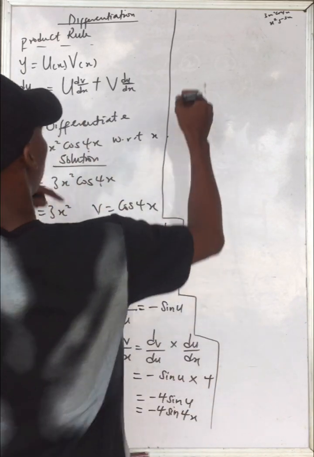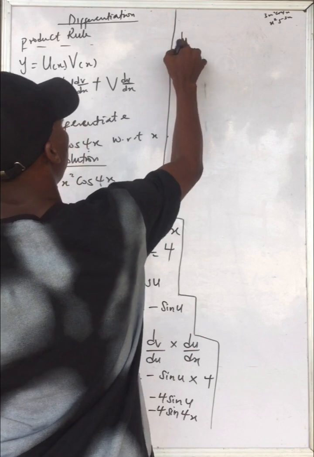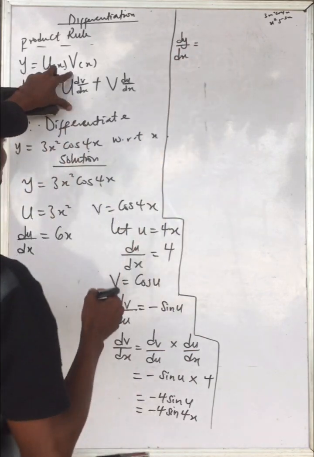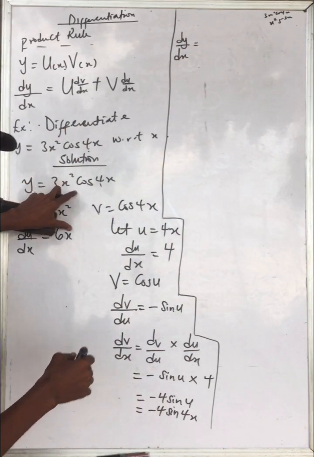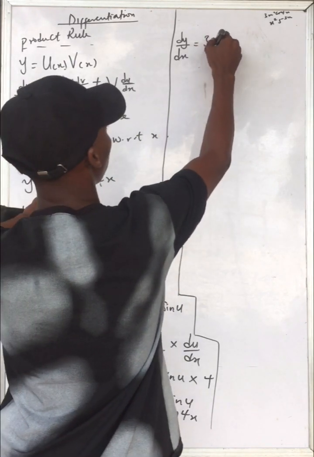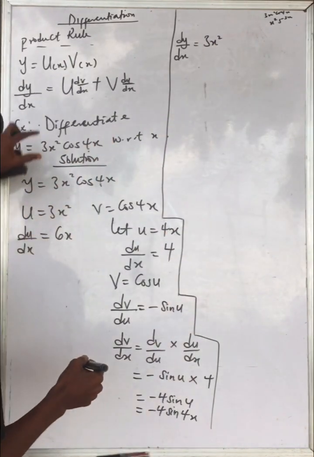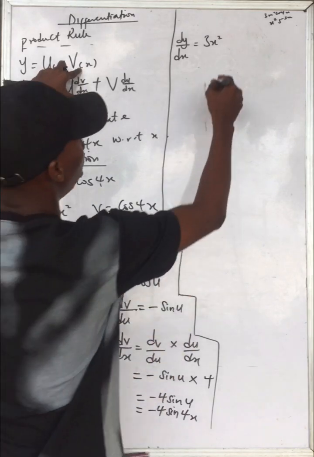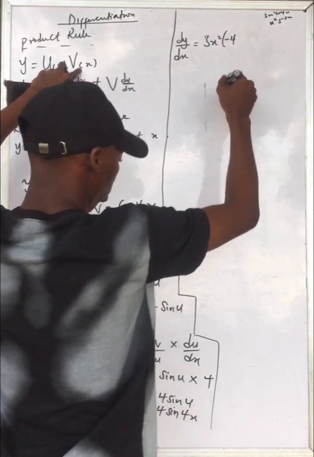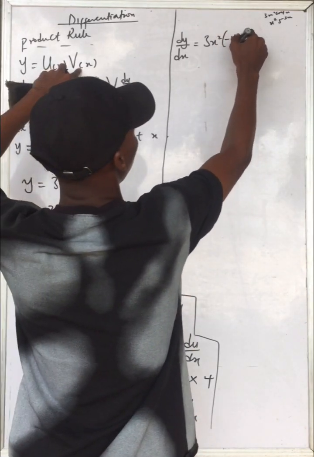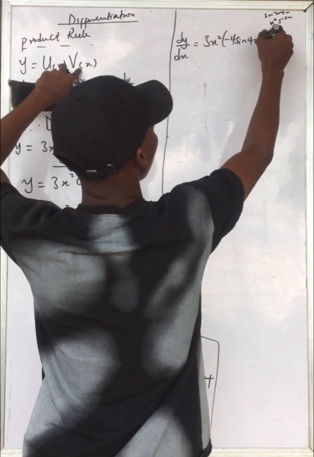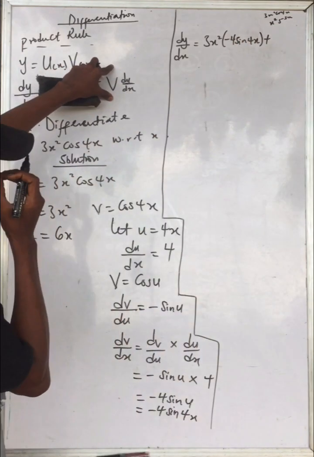Introducing that, dy over dx would then be u, which is 3x squared, then dv dx, which is negative 4 sine 4x, plus my v again. What's my v?